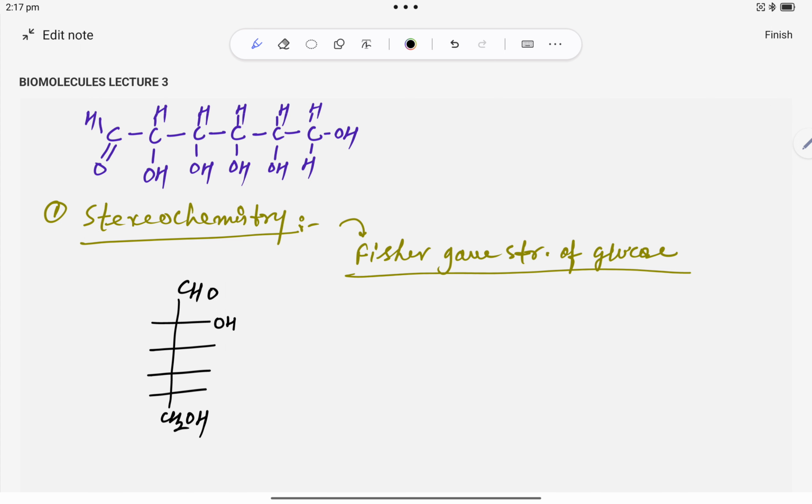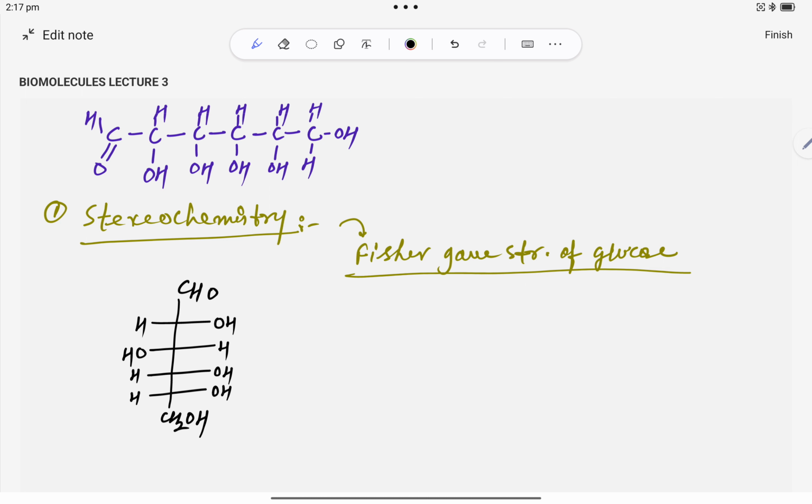Here OH and here H. Each H and OH position is fixed. You cannot change. Okay. OH, H, OH and H. So this is the glucose.